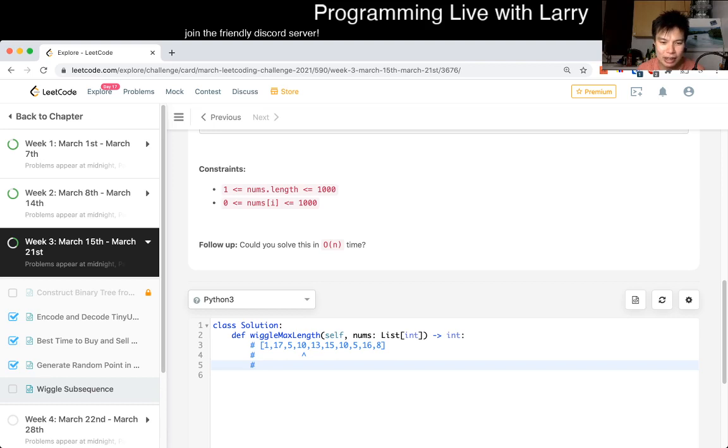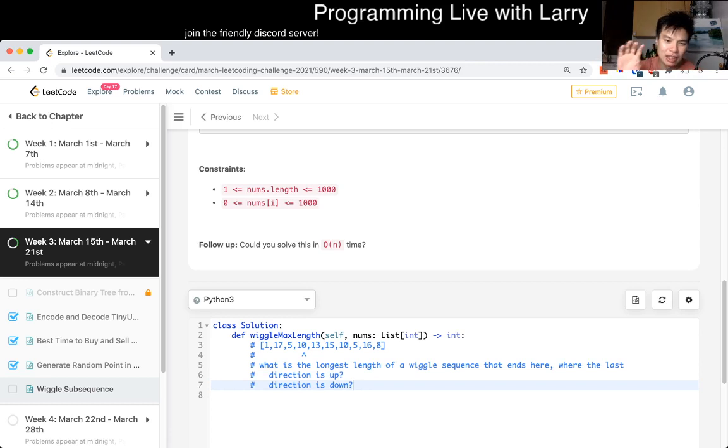What is the longest length of a wiggle sequence that ends here, where the last direction is up, and also where the direction is down, right? So we ask those two questions, and I think we can solve that with just a mono queue from that.